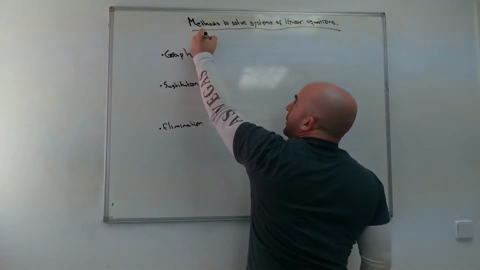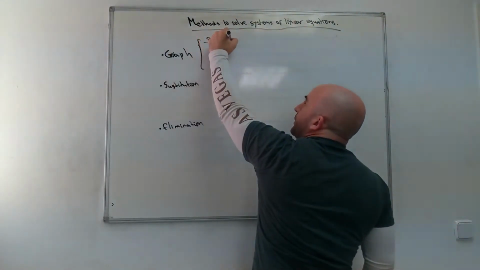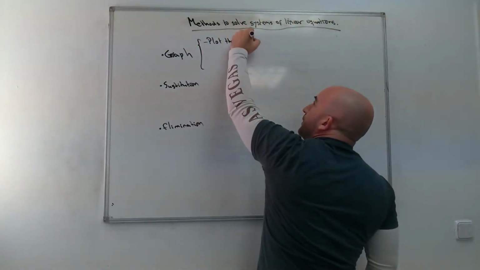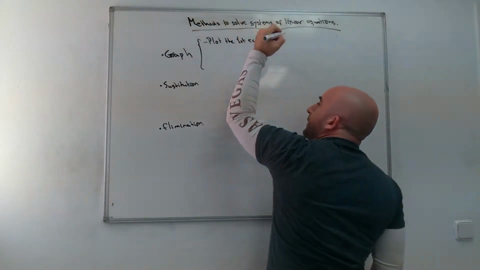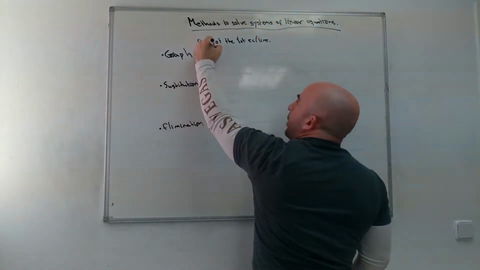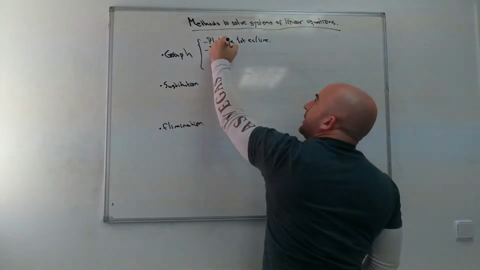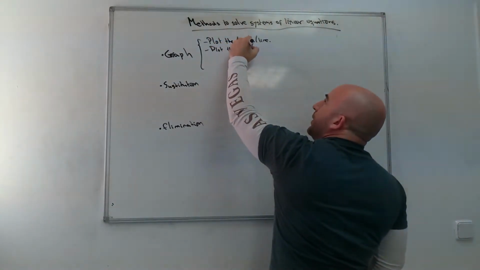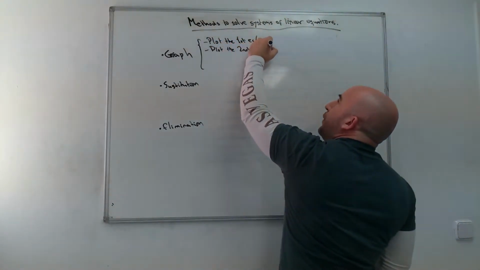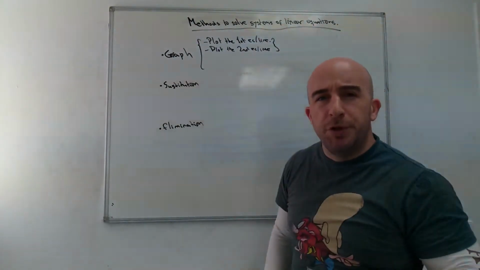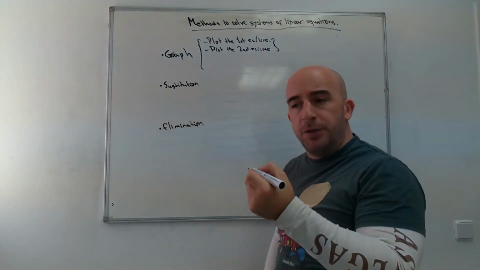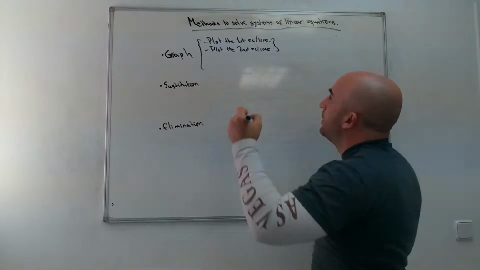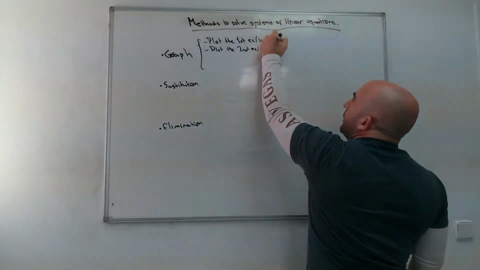Okay, so the graph method, what do you have to do? First, you have to plot the first equation, or the first line. Then you have to plot on the graph the second equation or line. For both plots, you need to create a table of values.